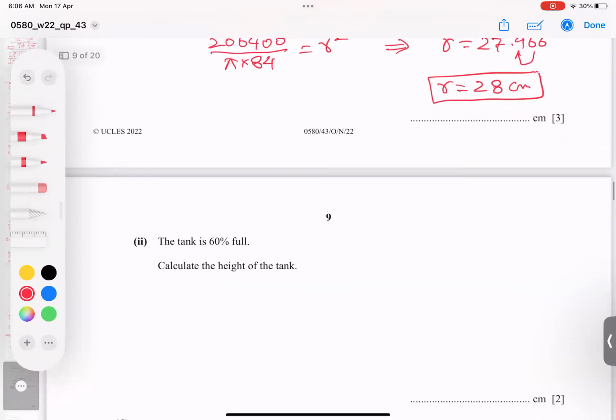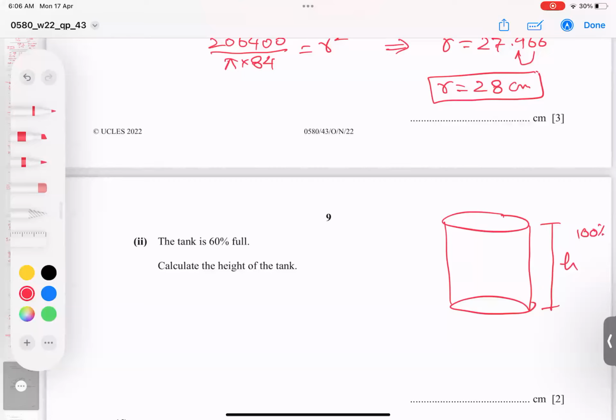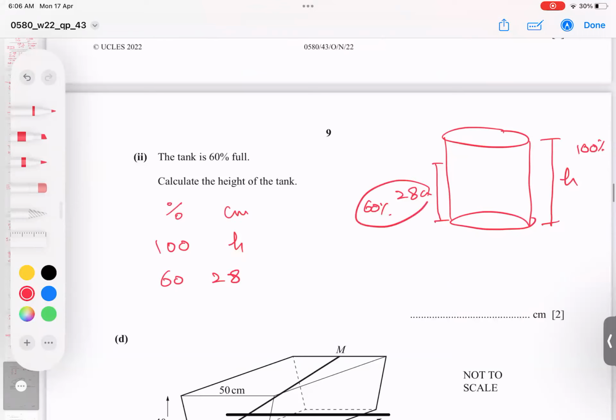The tank is 60% full of the total. It means the total tank height h, I will take as 100%. And the 28 centimeters I got, I will take as 60%, because he said 60% full. So write percentage and centimeter: 100% equals height, and 60% equals 28.